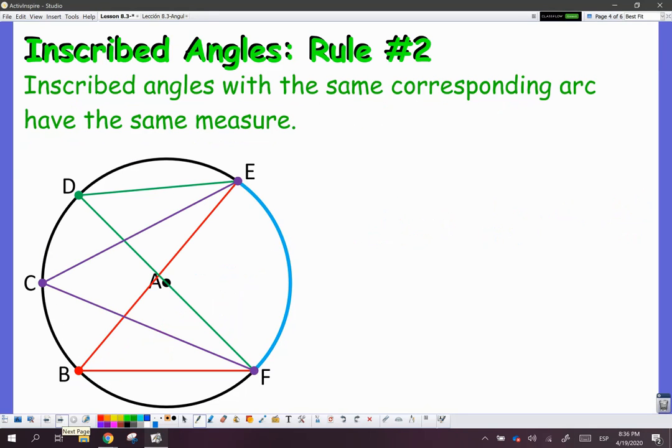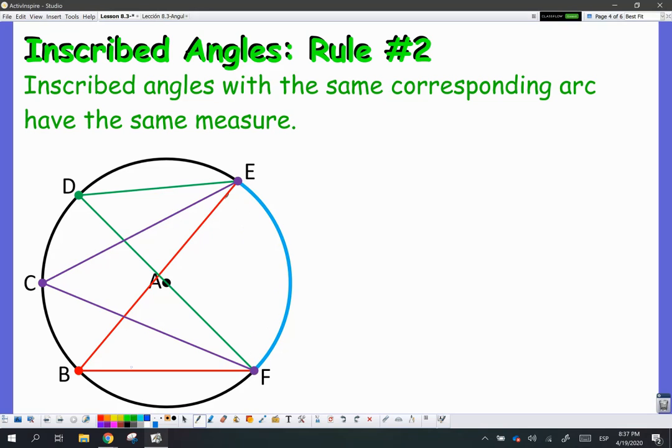Rule number 2 for inscribed angles says that inscribed angles with the same corresponding arc have the same measure. So if I have these 3 angles, EDF, ECF, and EBF, these are all inscribed angles because all of their vertices are on the circumference, and they all have the same endpoints.